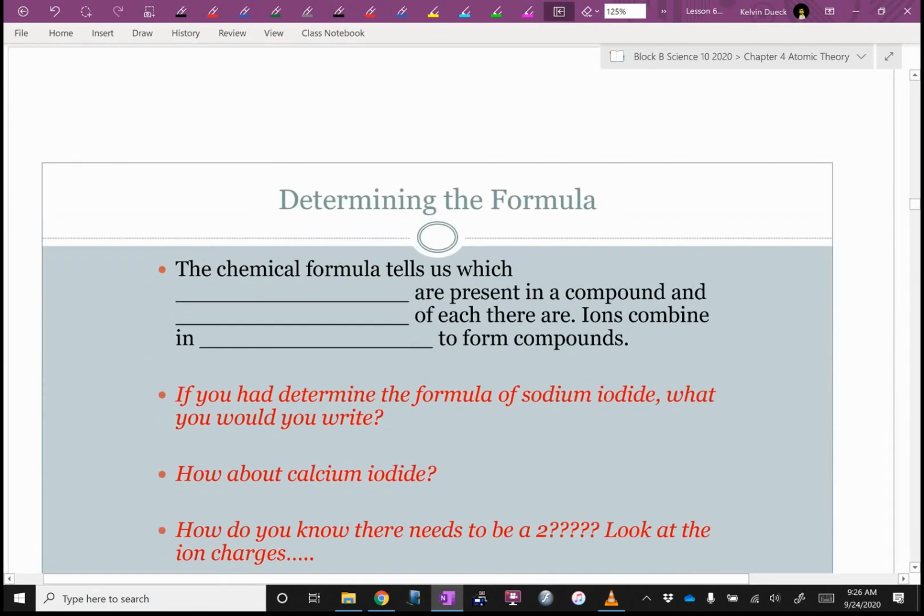So the chemical formula tells us which atoms are present, and it tells us how many of each atom there are.